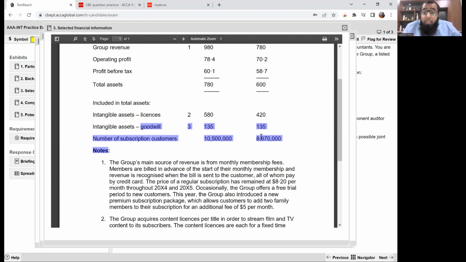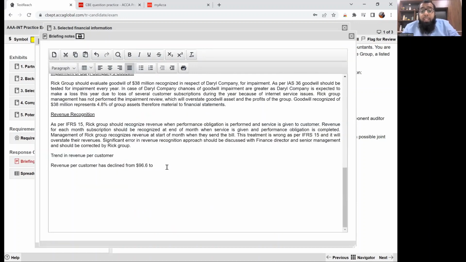So it's 96.6. This year it's 980 million divided by 10.5 million customers. So it's $93.3. It has declined from $96.6 to $93.3.